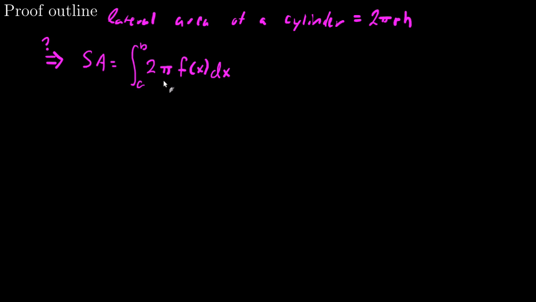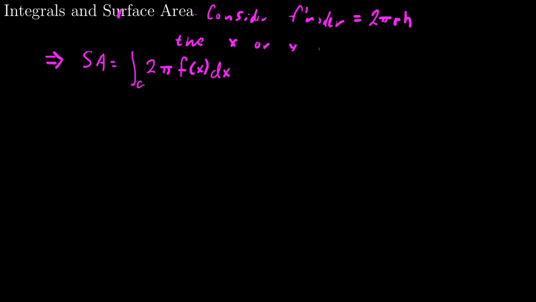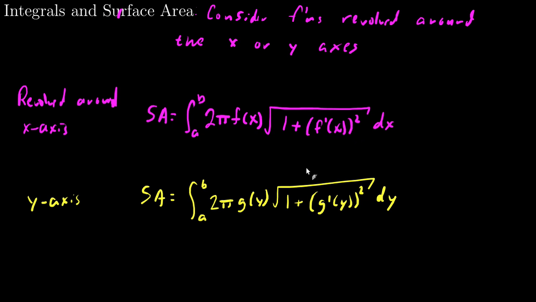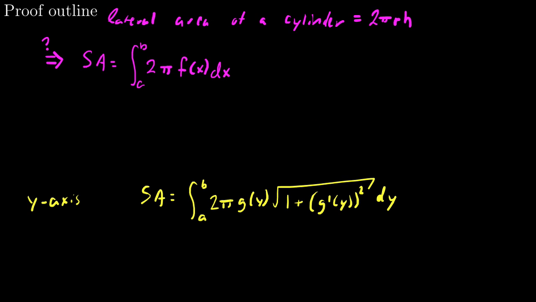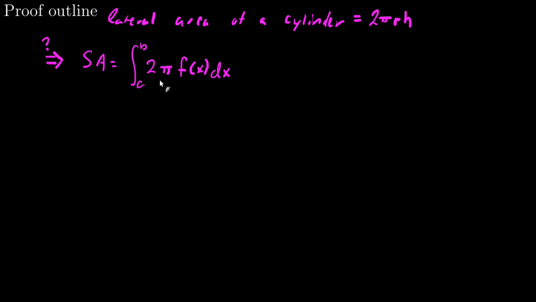So this is not the whole formula. If I flip back, you can see there's more to it. There's something else hanging out here. And the reason for that is the following. Let me draw some axes. If I were to consider a horizontal segment that's revolved around the x-axis, then I would be fine with this formula as is.